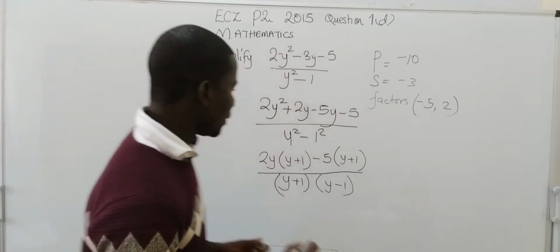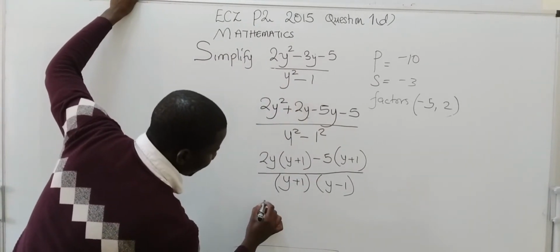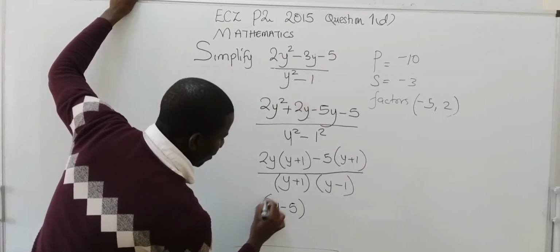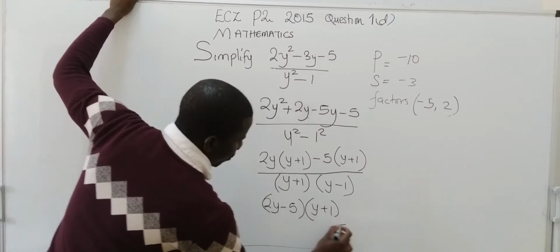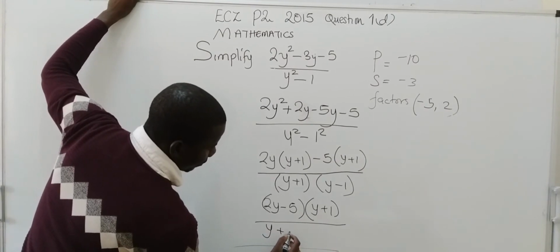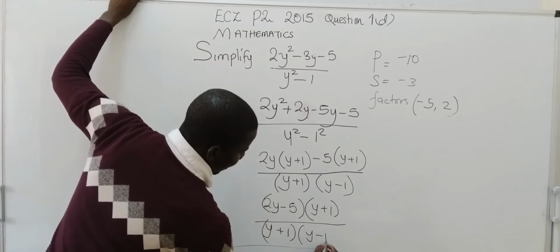So from this point, for the top one we have 2y minus 5, then y plus 1, over y plus 1 here, y minus 1.